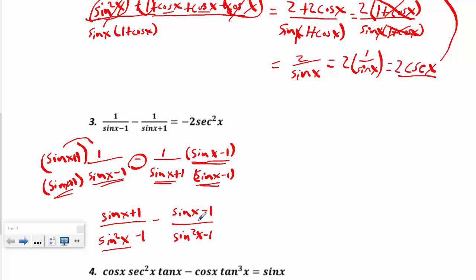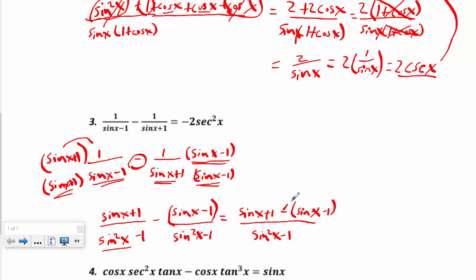So what we have now is a common denominator on both of these fractions, and I can write this simply as sine x. What we were really doing is this here. So we're going to say sine x plus 1 minus, in parentheses, sine x minus 1. And then we're going to put this whole thing over sine squared x minus 1.